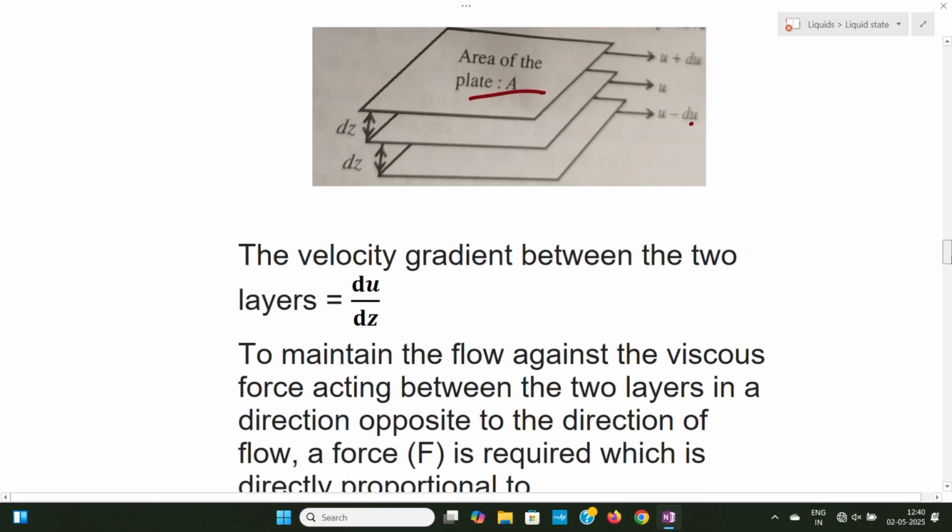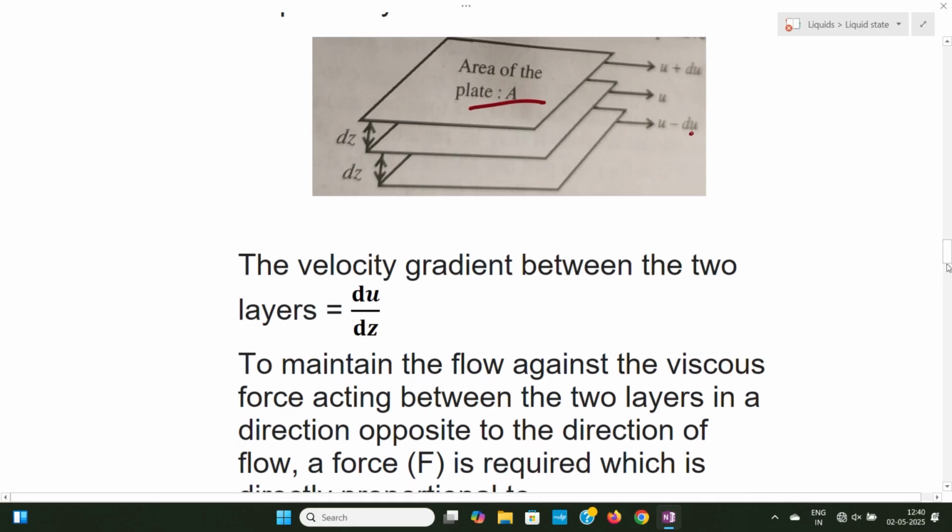Then the velocity gradient between the two layers is du by dz.